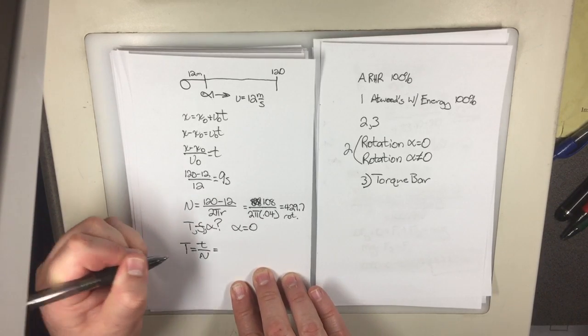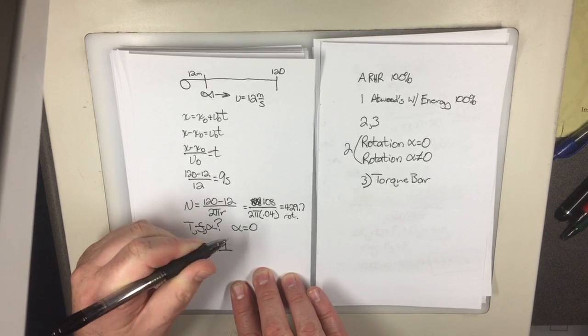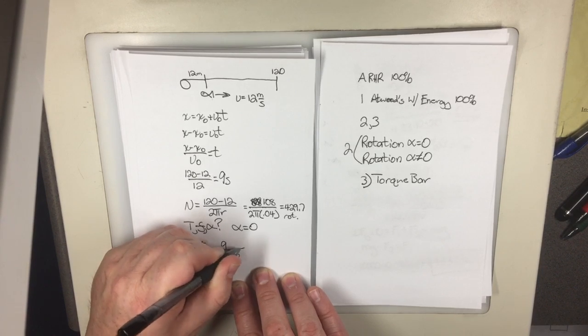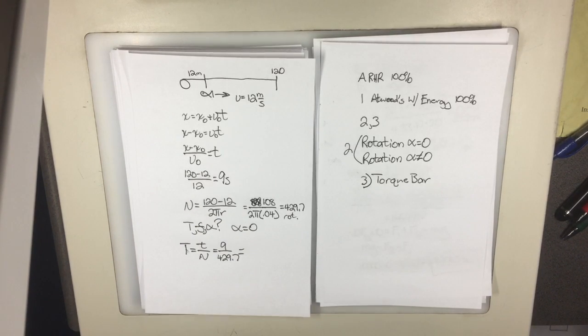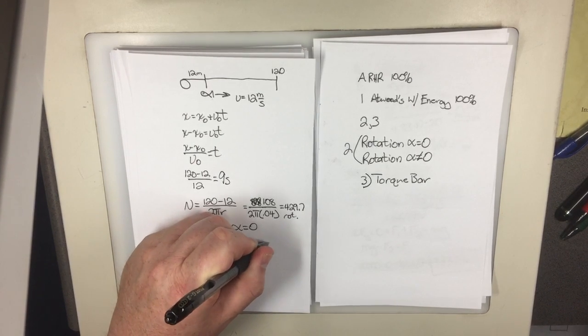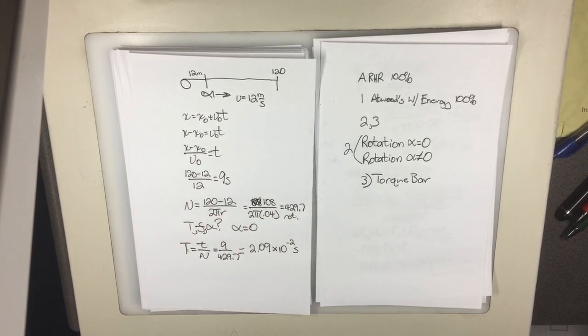This becomes little t is 9, big N is 429.7. So that gives me, yay, I have the number in, divided by a second answer. And that gives me a period of 2.09 times 10 to the negative 2 seconds.